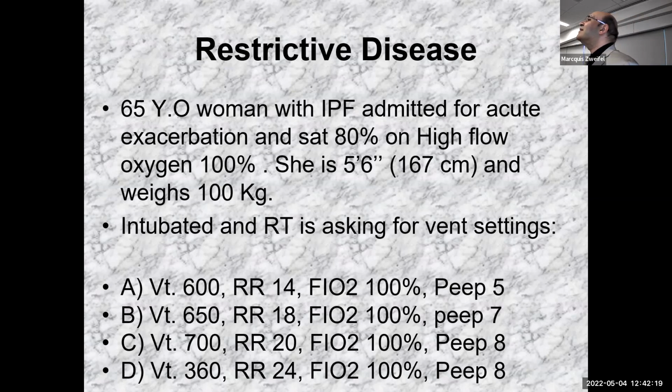Sarcoidosis? Extrinsic allergic alveolitis? Muscle disease? One more, because this will guide you to the setting. Pleural effusion, we say? Pleural effusion definitely will be.